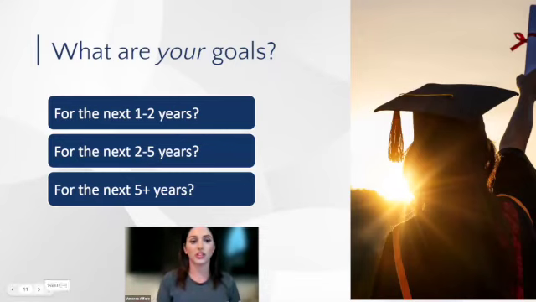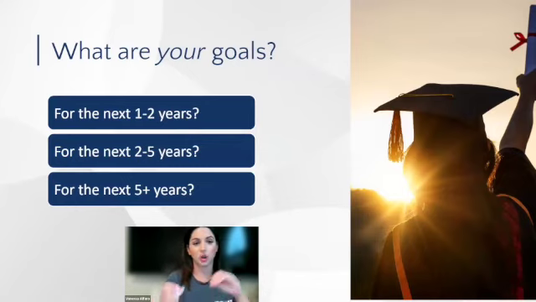One thing I do want to mention is they talk about 1 to 2 years, and it is absolutely okay to start at your 1 month goal. I mentioned at the very beginning of this presentation that 67% of us are living paycheck to paycheck. Some of us are now having to go back and fix or improve on things that we've already gone down the path on. And that is okay. We all have to start somewhere.